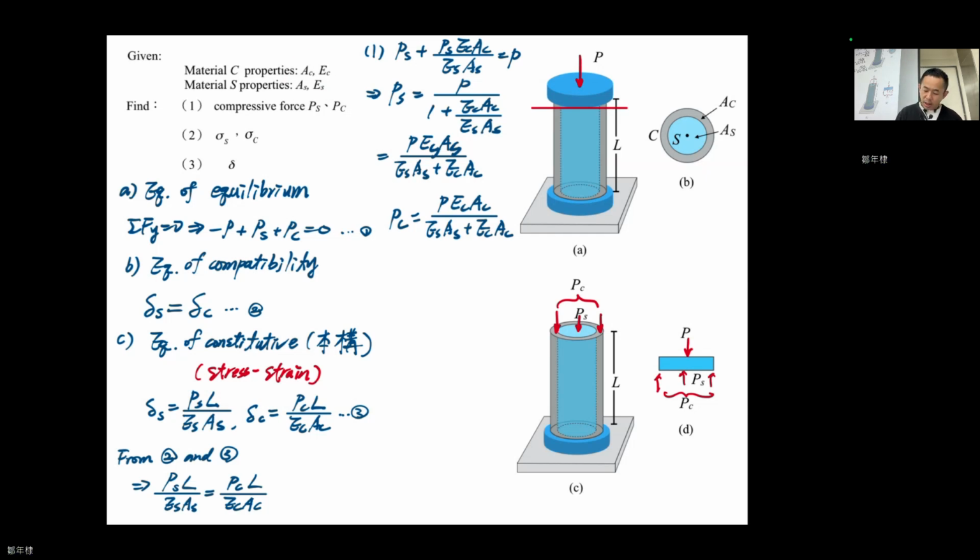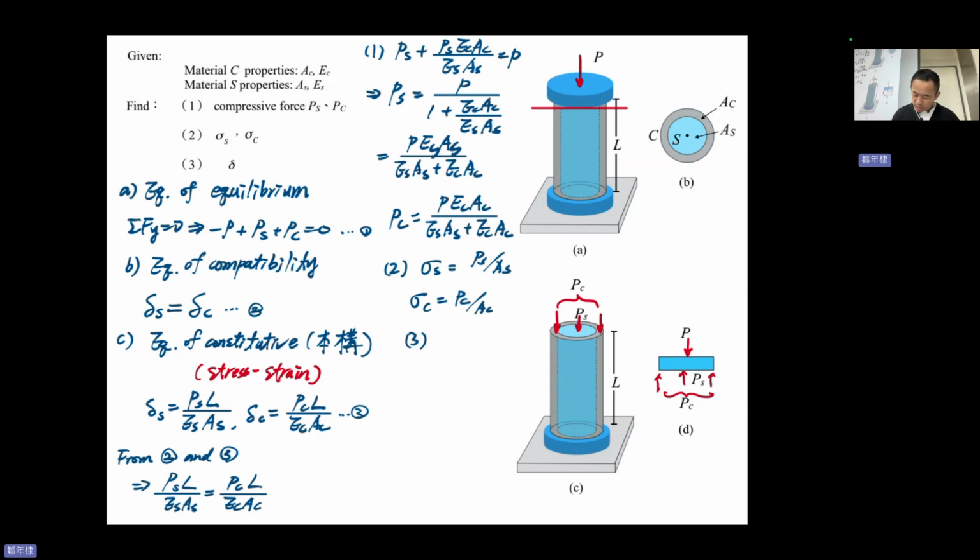The second part of the problem: sigma S, easy. PS divided by AS. You can divide by yourself, easy. And sigma C equals PC divided by AC, no problem. And the third one, delta. All we need to do is determine just one of them.